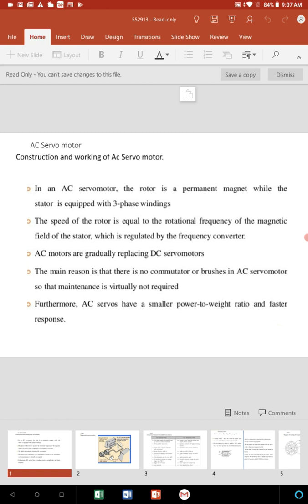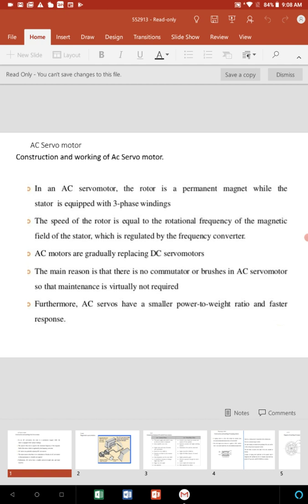The main reason is that there is no commutator, that is, these are brushless motors, so maintenance is not required, and they also have a smaller power to weight ratio and faster response.